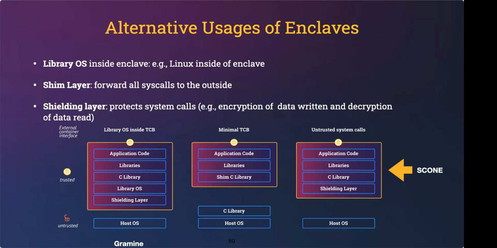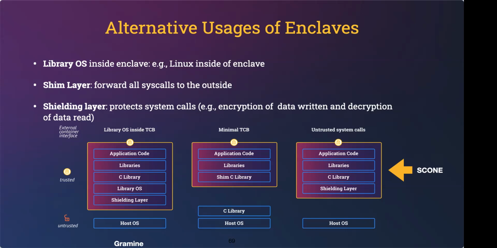You could also say every system call, every shim libc call, is forwarded to the outside. There are also some runtimes that do it in this way. Or, in our runtime, we have the C library inside, and we have what's called a shielding layer at the bottom, but you also see that in the library OS case.